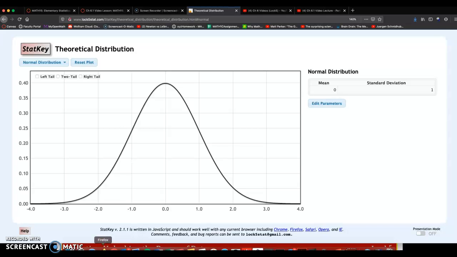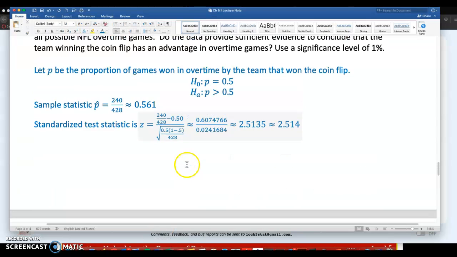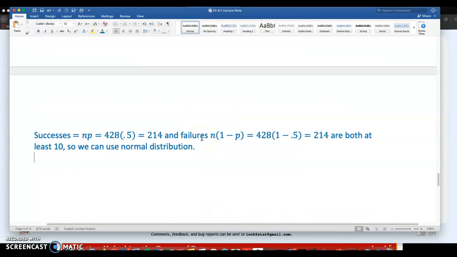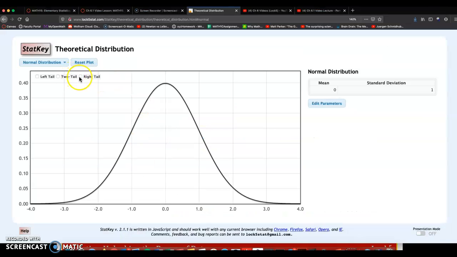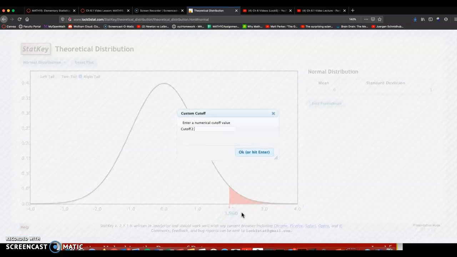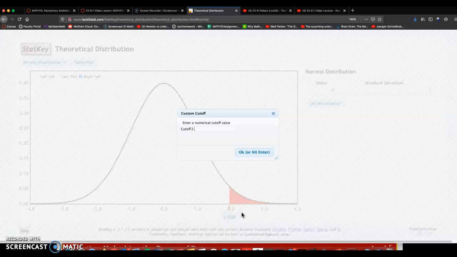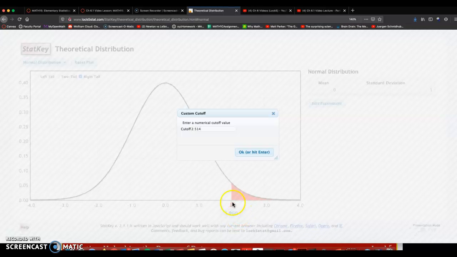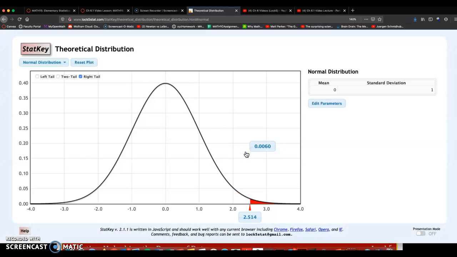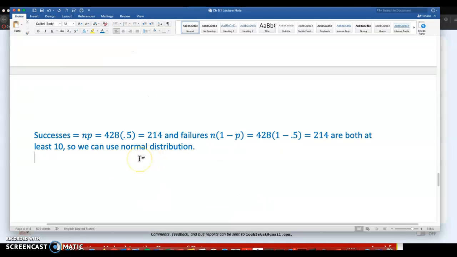We're looking at, in this case, a right tail test because the alternative is greater than. So in stat key, right tail, and I'm going to enter that 2.514. The cutoff is the standardized test statistic, and then here we get a p-value of 0.006.